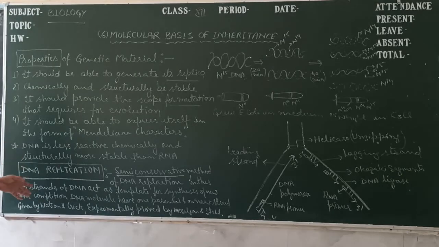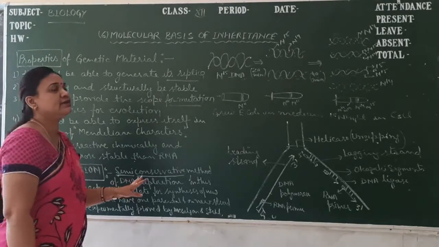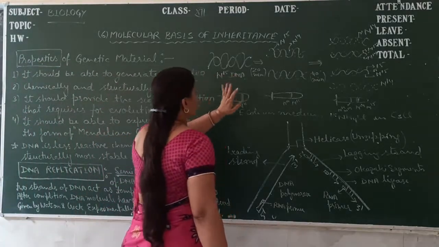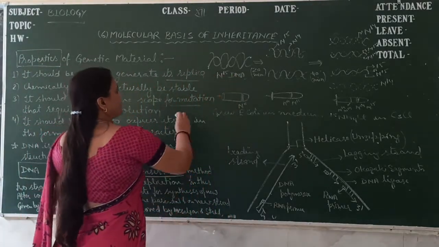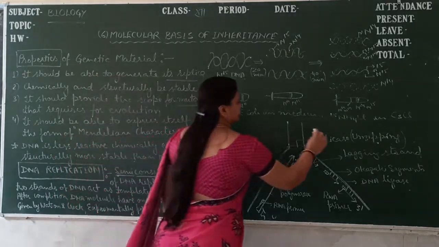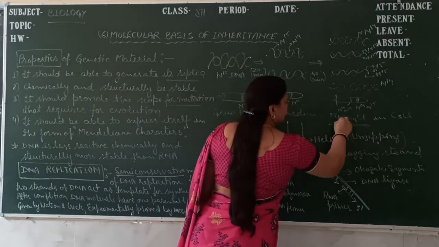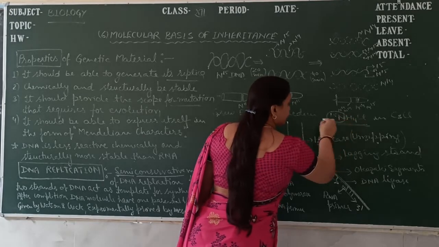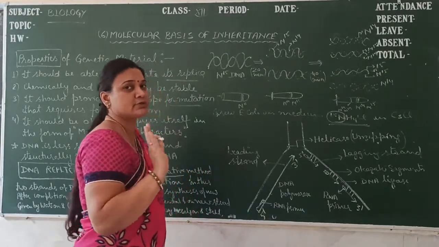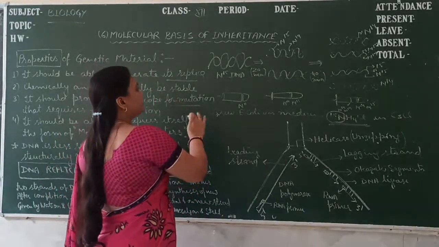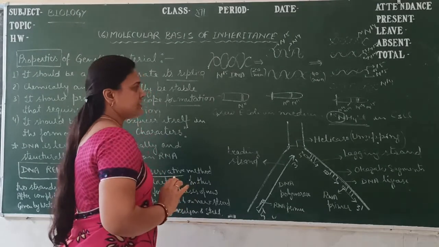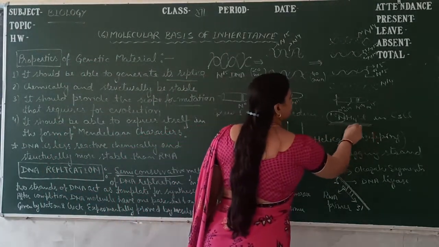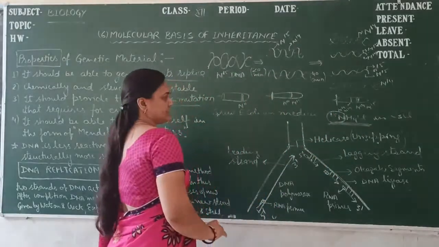Experimentally, this method was proved by Meselson and Stahl. They did the experiment with ammonium chloride, which contains two isotopes of nitrogen, N15 and N14. They grew E. coli bacteria on a medium of ammonium chloride in which N15 is present.